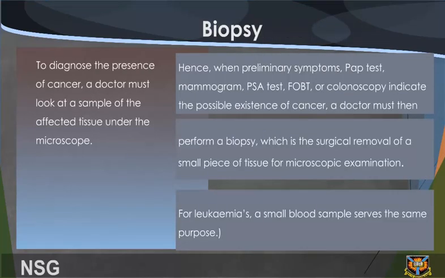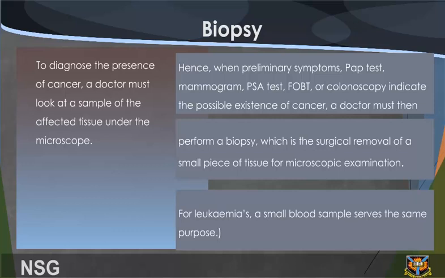Biopsy. To diagnose the presence of cancer, a doctor must look at a sample of the affected tissue under the microscope. Hence, when preliminary symptoms, pap test, mammogram, PSA test, FOBT, or colonoscopy indicate the possible existence of cancer, a doctor must then perform a biopsy, which is the surgical removal of a small piece of tissue for microscopic examination.